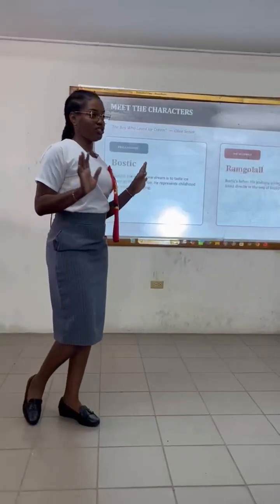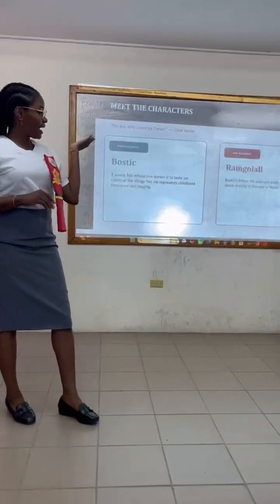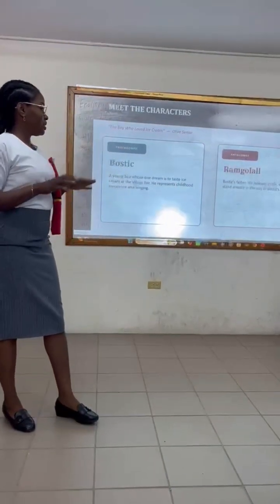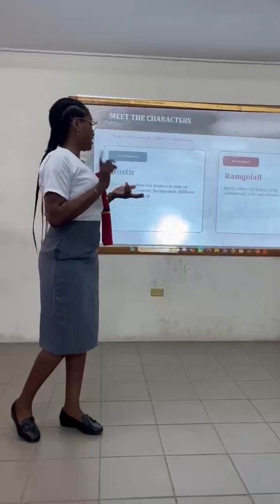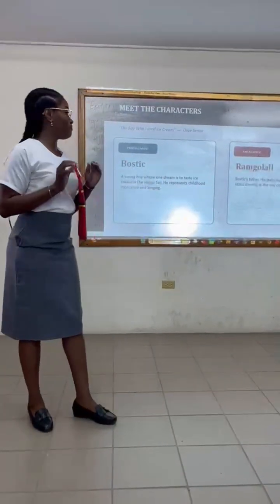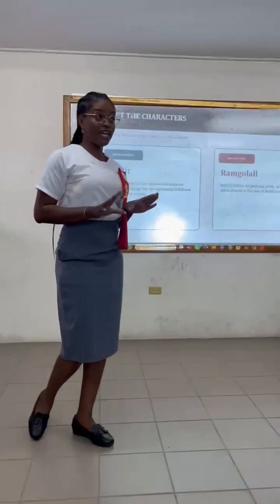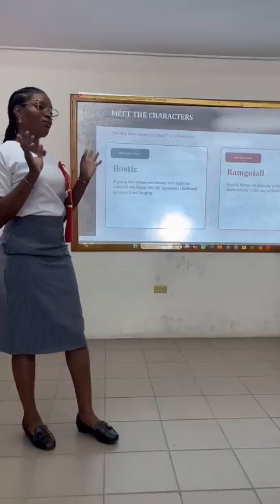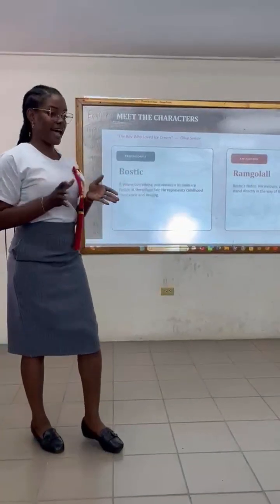That's all he was interested in. The antagonist, Ram Gohal, who is Bostic's father, was jealous and proud, had rigid values, and stood directly in the way of Bostic's simple dream. He paid attention to everything else except the one thing that his son desired.